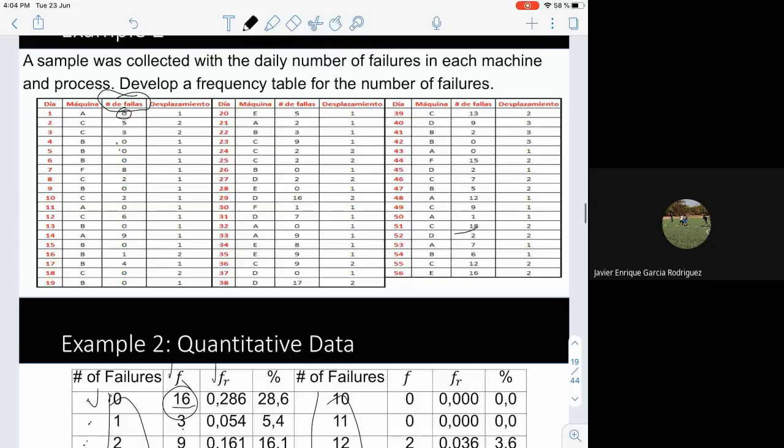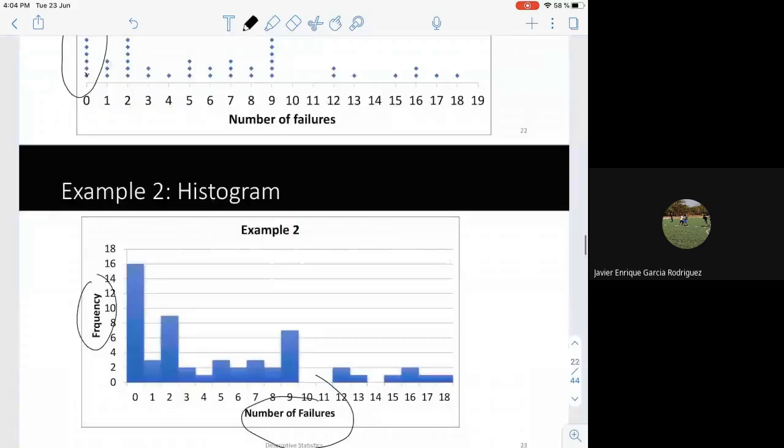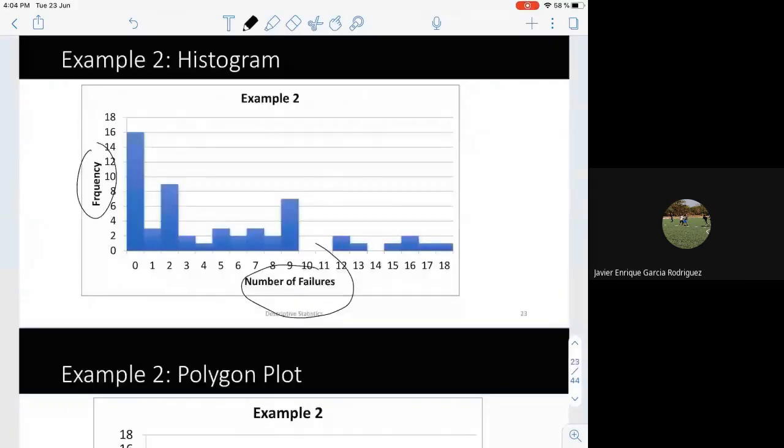If you have continuous data with intervals, then for sure the histogram is the one that you're going to use. So again, the bar plot is mainly for qualitative data or discrete values, and the histogram is mainly used when you have grouped data, intervals. That's when you cluster together all the bars. But at the end of the day, they look similar and give you the same information.